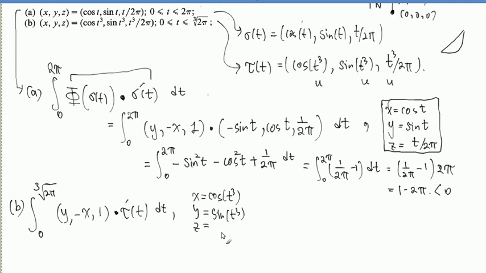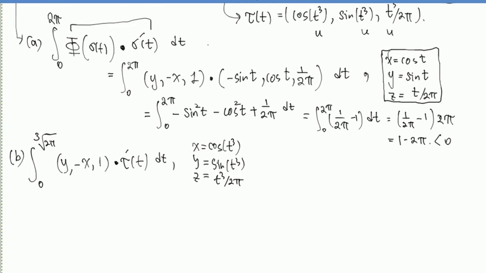Z? t cubed divided by 2 pi. In there. So once you understand this much, your goal is actually calculating this one variable integral, the dt integral.